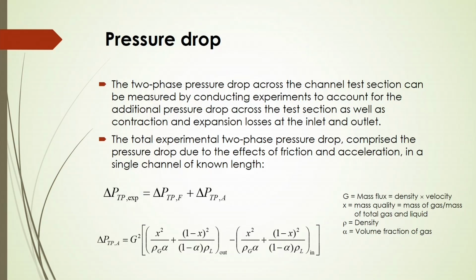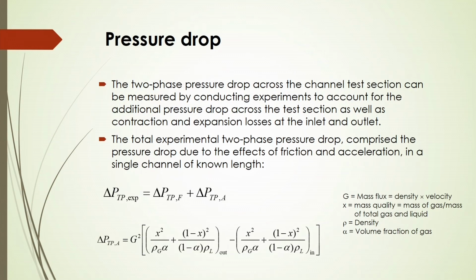Whenever you measure pressure drop in a microchannel, you have to be very careful, because before entering the microchannel, these two fluids are coming from two pipe entries, which join at one point, and from there the channel starts.